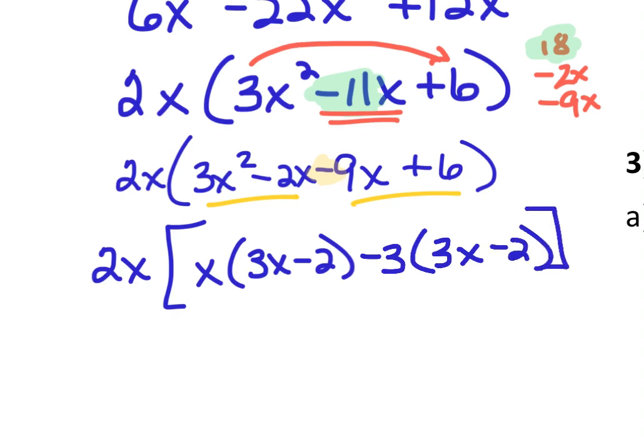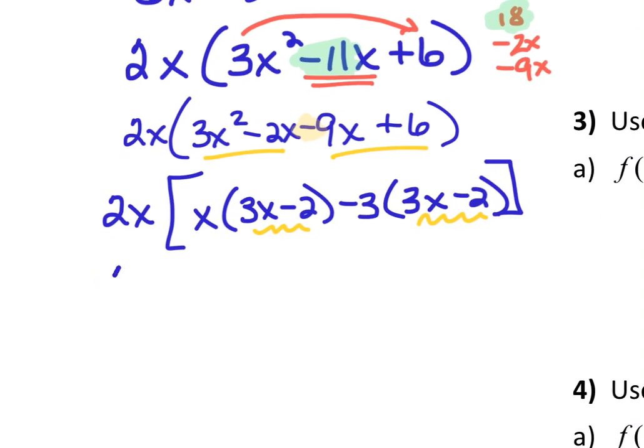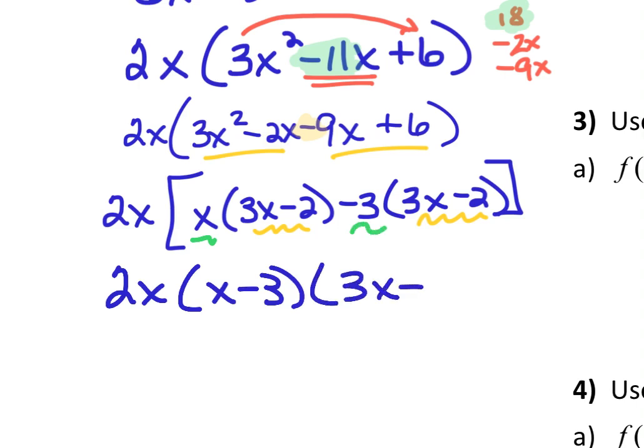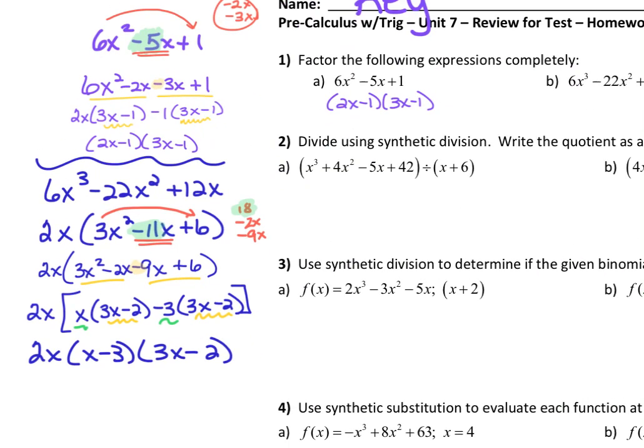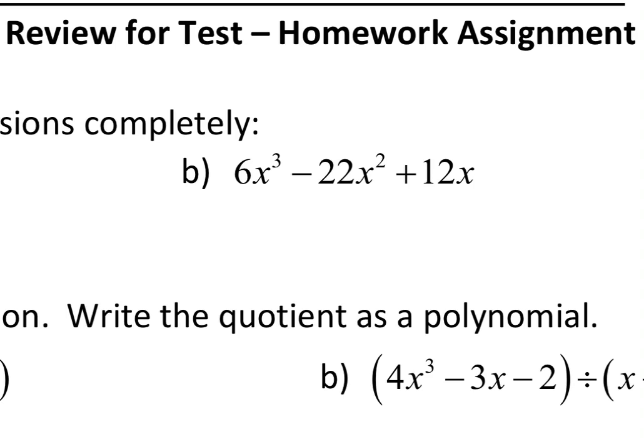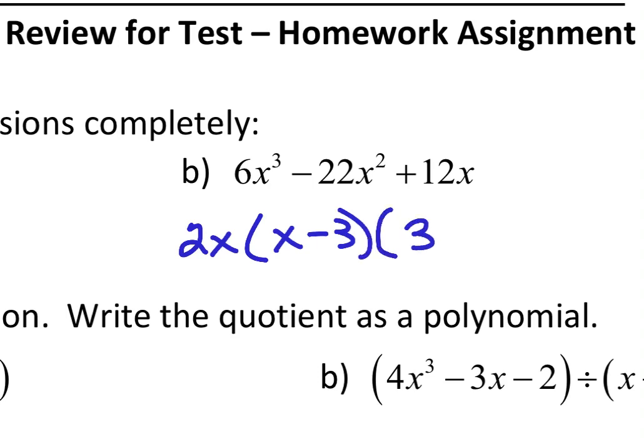And again, you've got the same thing exactly inside of both sets of parentheses. Keep the 2x in your answer. And then x minus 3, that's the GCFs, and the 3x minus 2. And so your answer for number 2 is going to be 2x times the quantity x minus 3 times the quantity 3x minus 2.